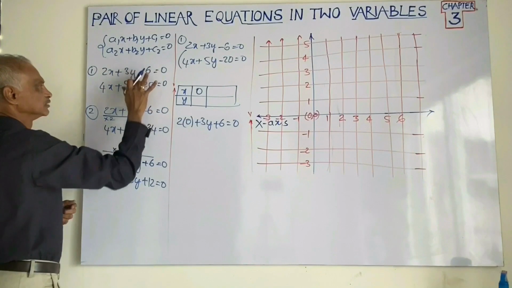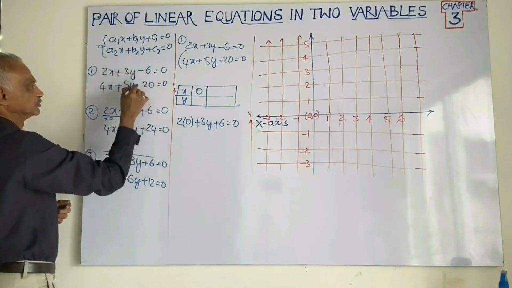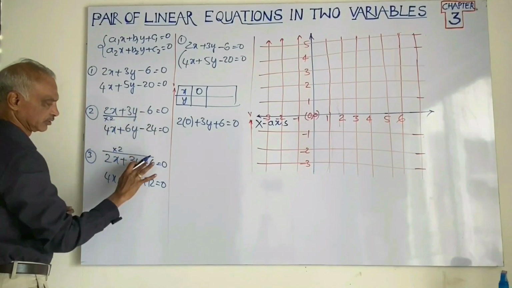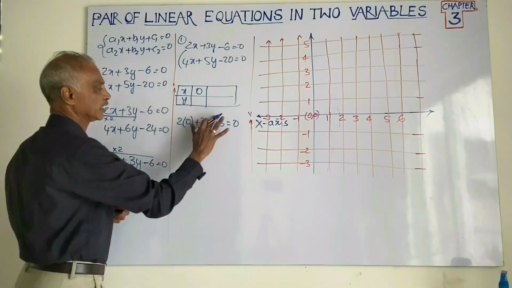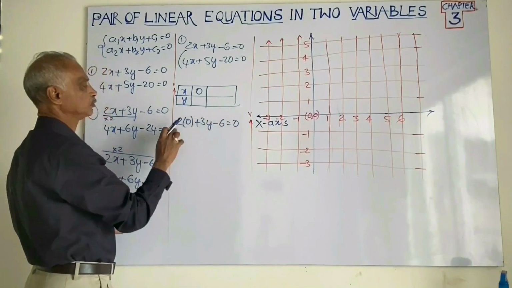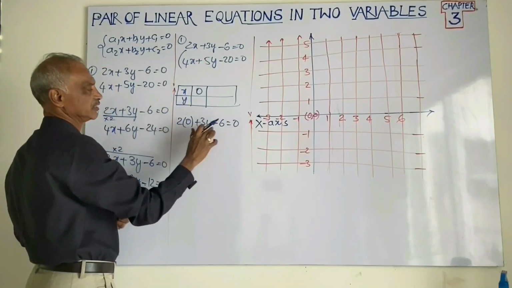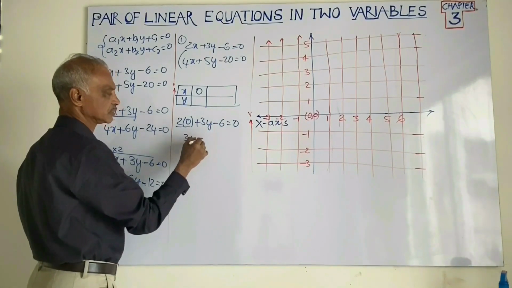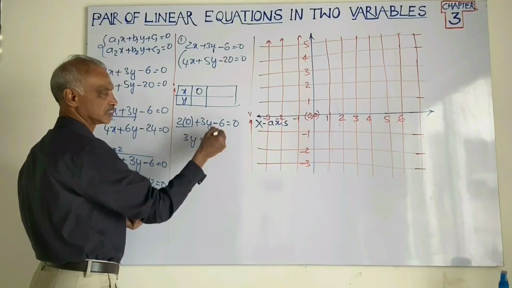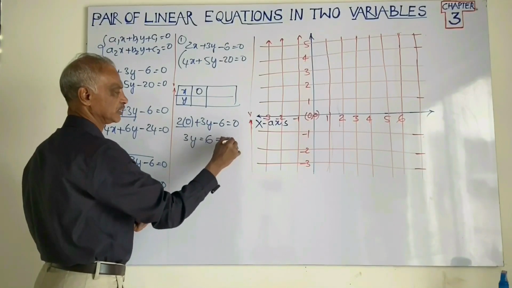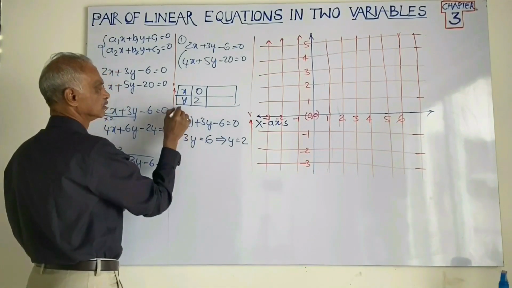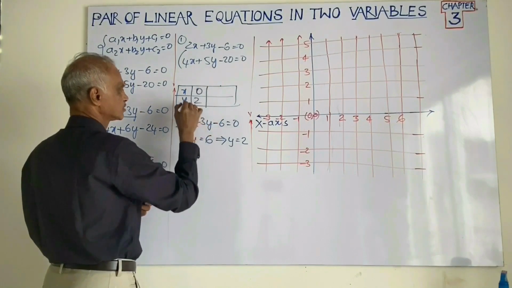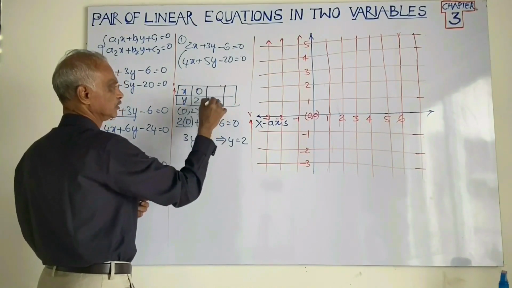Substitute: 2 into 0 plus 3y minus 6 is equal to 0. 2 into 0 is 0, so 3y minus 6 means 3y is equal to 6. You will get y is equal to 2. You got 0, 2, one ordered pair. Next, instead of y you take 0.